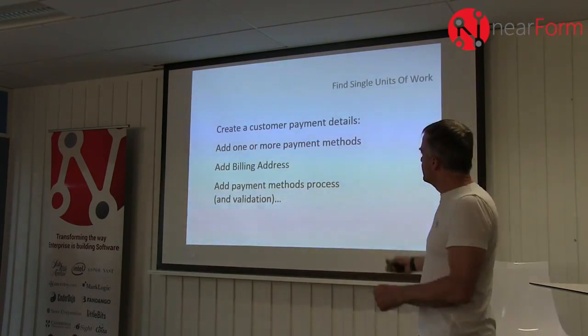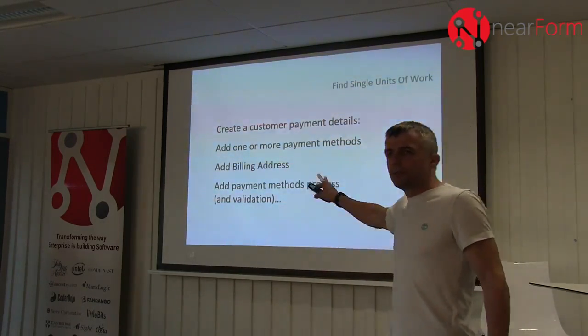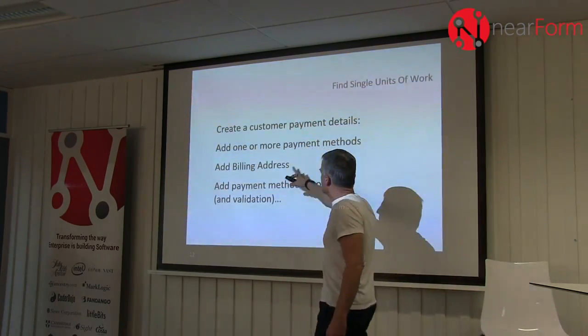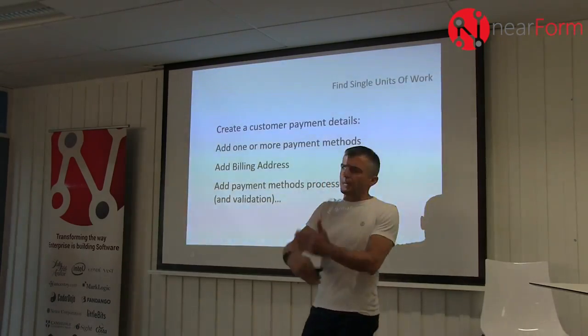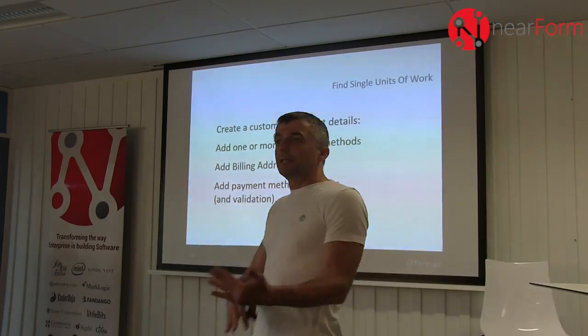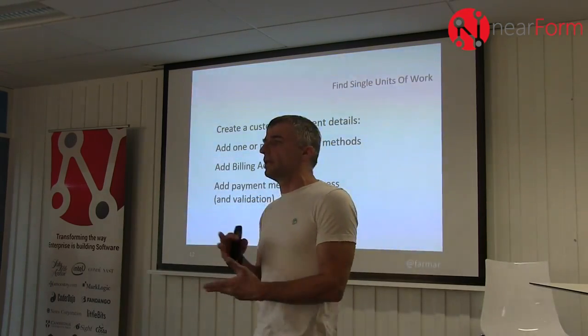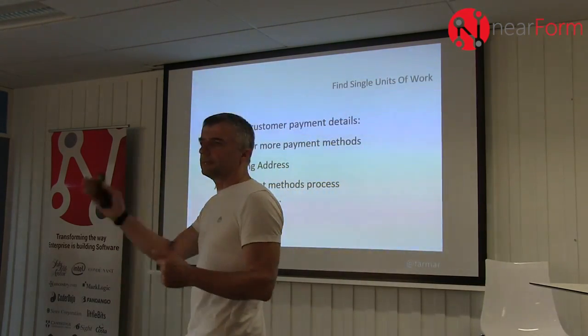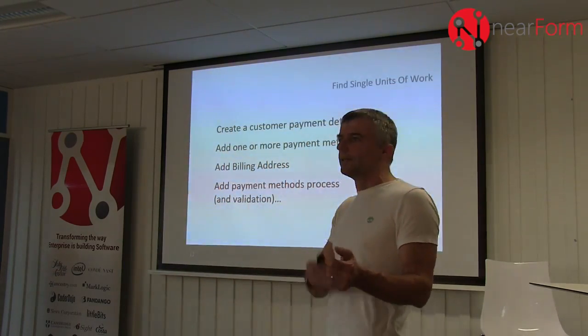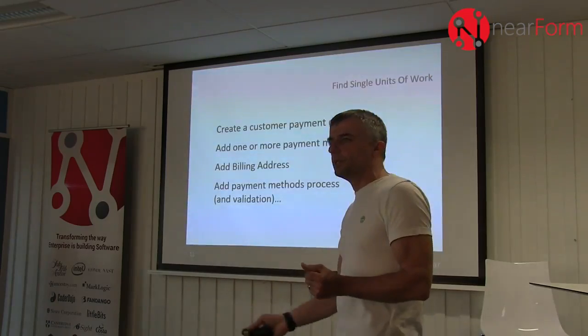And it goes on and on. We do the same with payment details, and when we start with payment methods, how do we add payment methods, and how do we validate them, and do we add addresses to those payment methods, and shipping. Shall I go on? It's all these little things that we need to build and build and build.